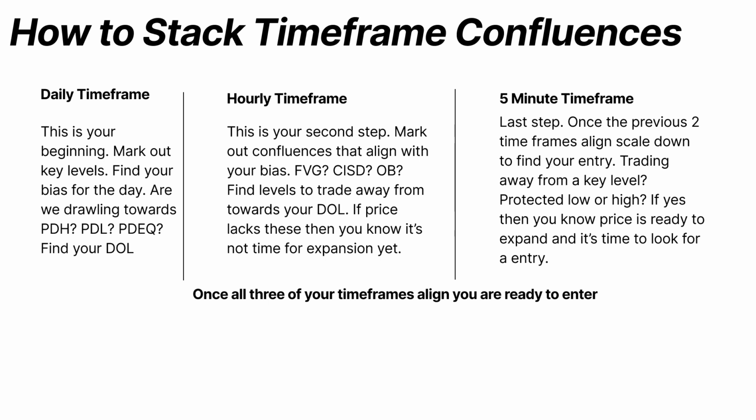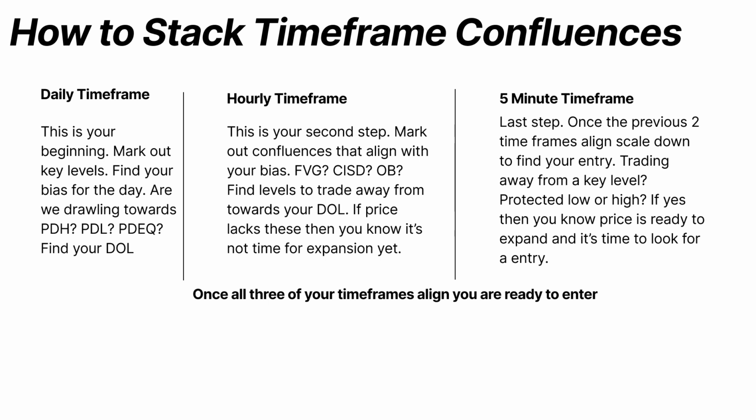If price lacks these, then you know it's not time for expansion yet, because price needs a reason to trade away from something to expand. Like it needs an established low of day to trade to the high of day. It needs an established high of day to trade to the low of day. If we don't have an established high of day or an established low of day, we're probably not going to get that expansion. Now, the last step is your 5 minute time frame or your entry time frame.